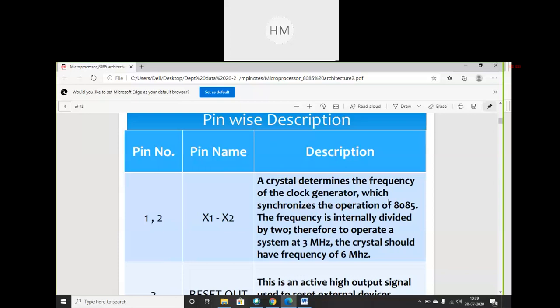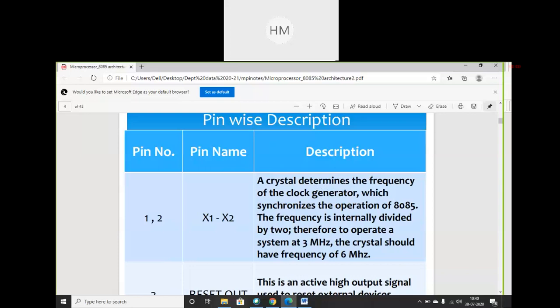An oscillator generates a particular frequency. There are many frequency generator circuits like LC oscillators and RC oscillators, but all these oscillators generate very low frequencies, in the audio range up to 20 kilohertz. Here we need megahertz frequency. So we use a crystal here which will generate the clock frequency.